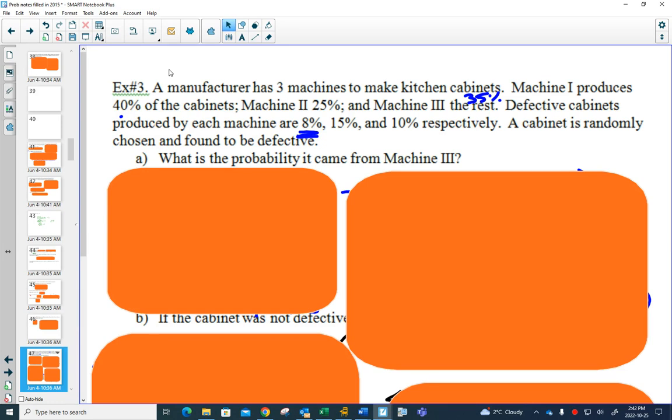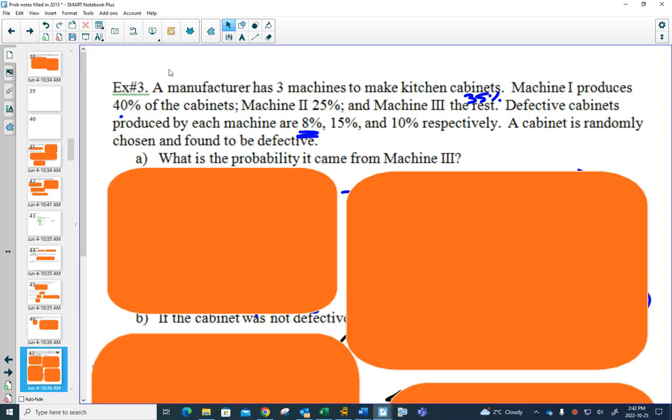It's not even a 35% chance because there's more defective ones that come out of other machines. So we're going to solve this one with the formula and see how the formula works. And this is a very typical conditional probability where you find something out in the present, like the cabinet is defective, and you want to find the probability of something happening in the past.